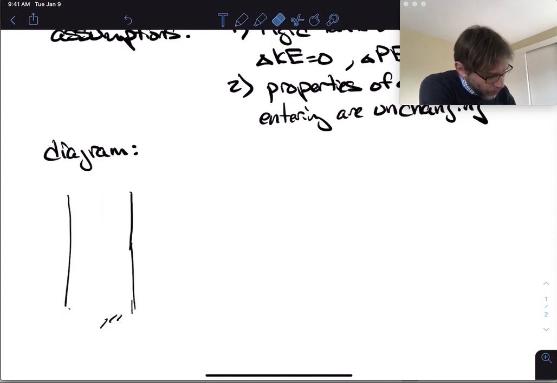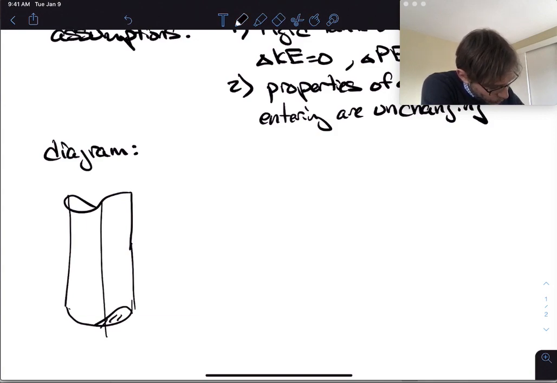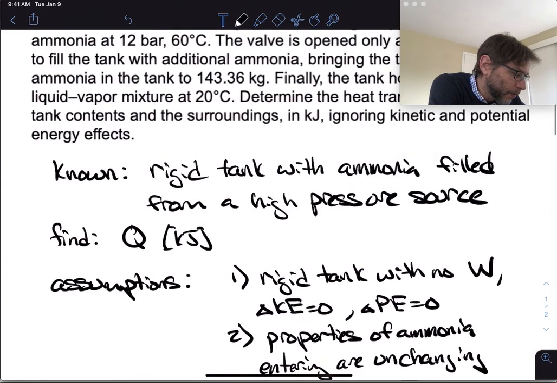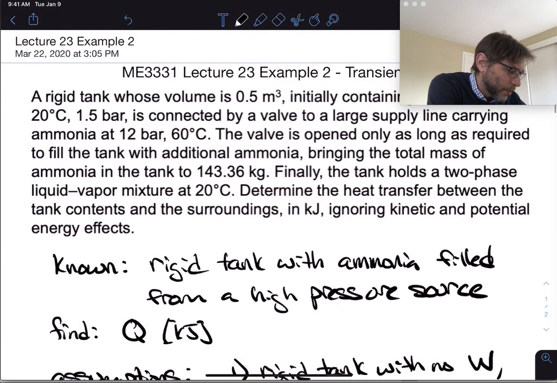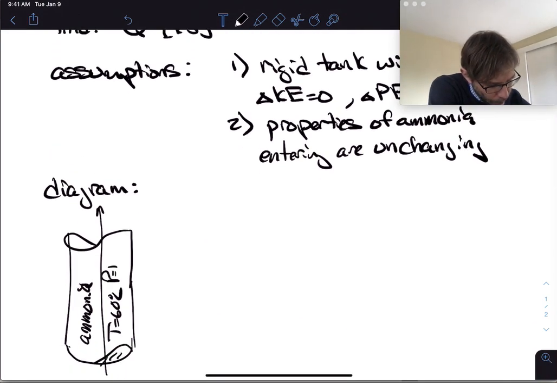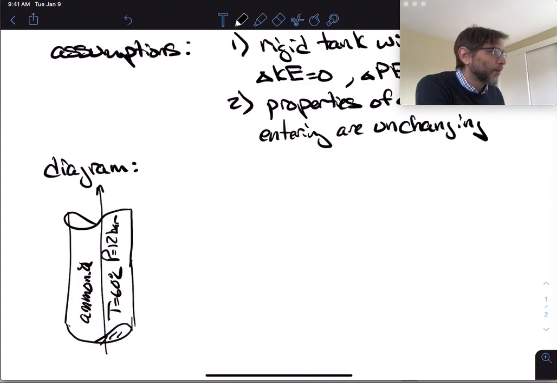So there's ammonia flowing in here at T equals 60 degrees C. And is there a pressure given? Let's see, 12 bar. Okay, so 12 bar. I bet that stuff is superheated. If it gives you temperature and pressure, you can pretty much assume that it's superheated.